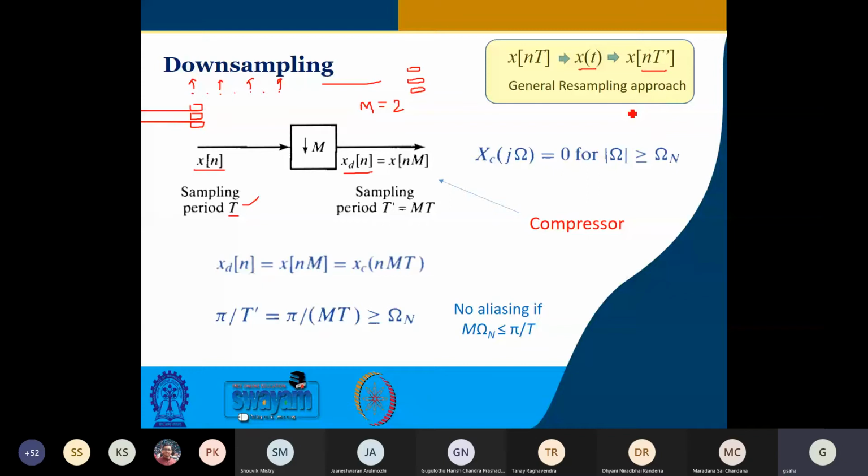This could be a general resampling approach, but we can avoid that if M is an integer. If M is non-integer, then this is required. Otherwise, how we can combine downsampling and upsampling to implement non-integer factors, we shall see later once we understand upsampling together with downsampling.